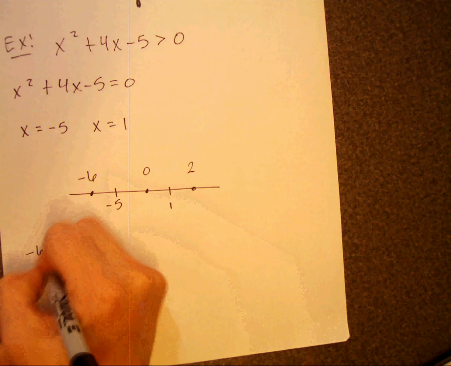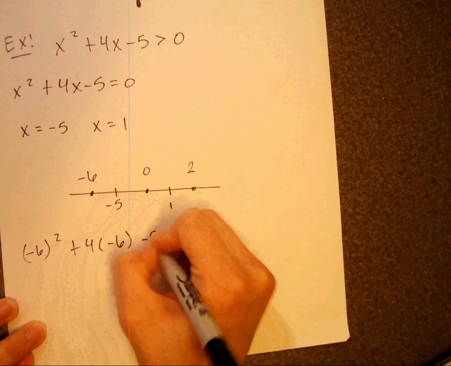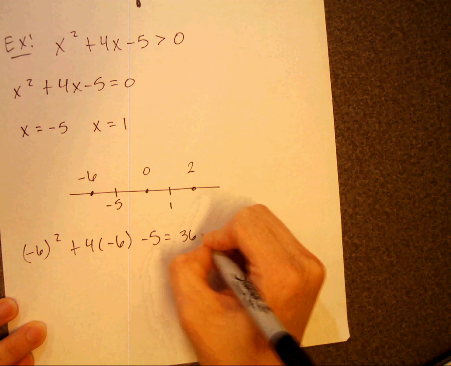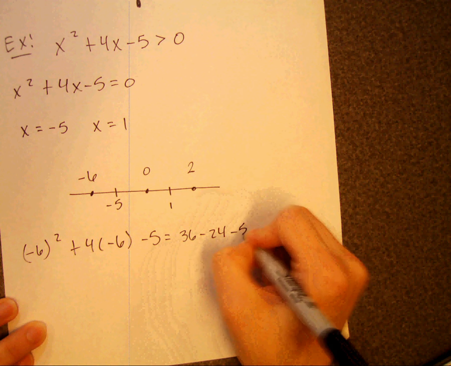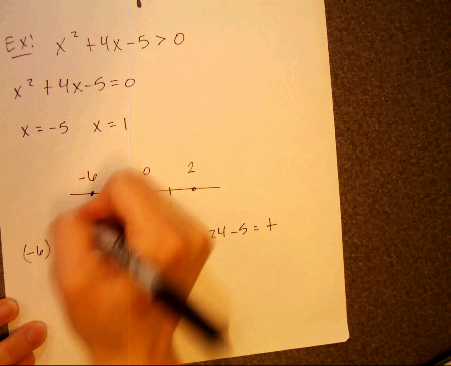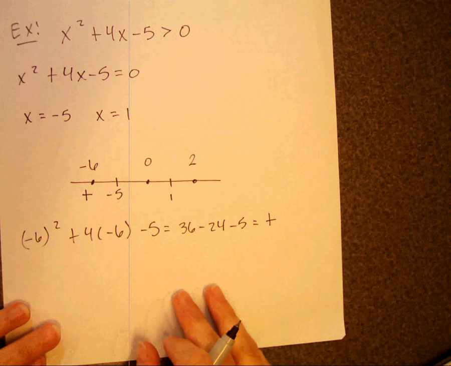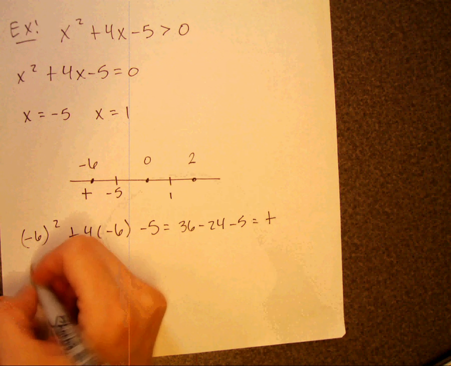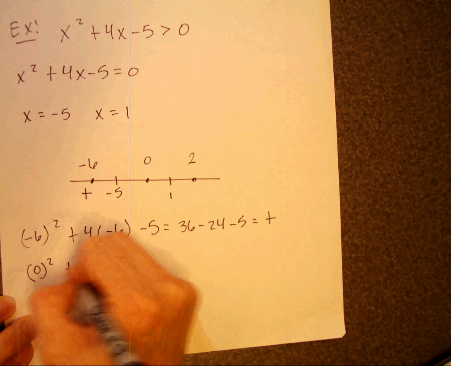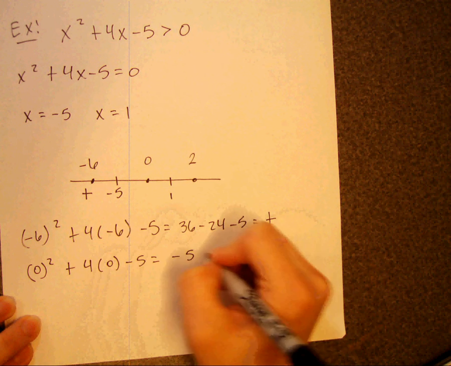So I have -6 squared plus 4 times -6 minus 5, which gives me 36 minus 24 minus 5, which is 7, a positive number. So I know everything less than -5 is positive. So I'll plug in 0, and I get -5.